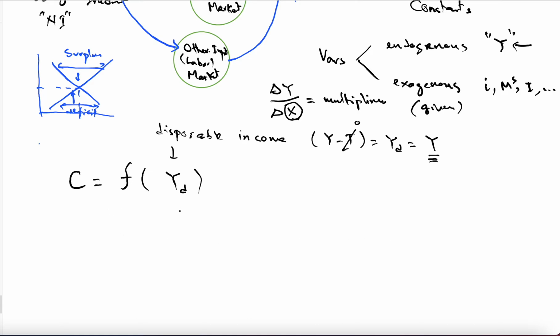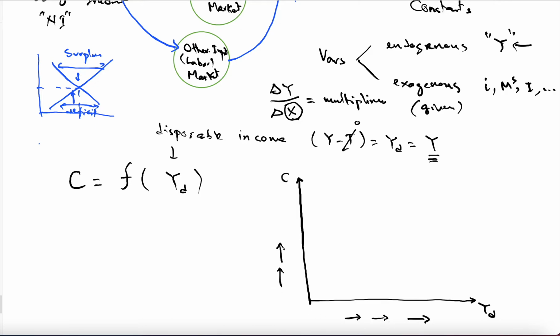So he's suggesting that if I draw the consumption, if I put the disposable income here and the consumption here as the dependent variable, as income increases, surely based on the psychology of human nature, consumption is going to increase. So it's a positive slope. But if you take dC over dY, this is going to be smaller than 1.